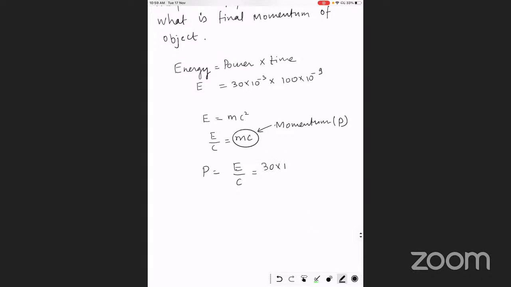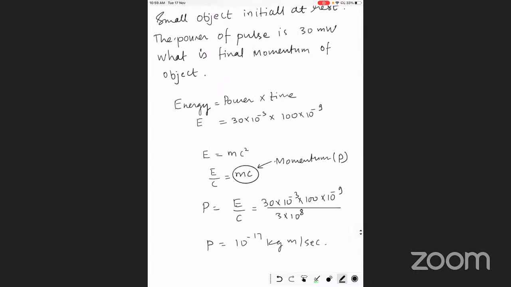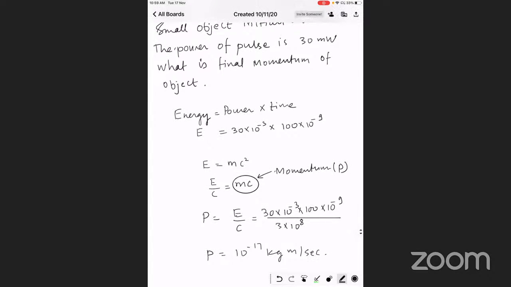Energy is 30 into 10 to the power minus 3 into 100 into 10 to the power minus 9 divided by c. Now what is c? c is 3 into 10 to the power 8. Could you understand that? Solve this, you will get momentum as 10 to the power minus 17 kg meter per second. Understood, children? Okay, everyone understood? Click on yes.